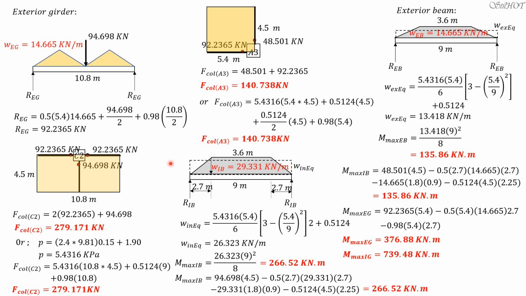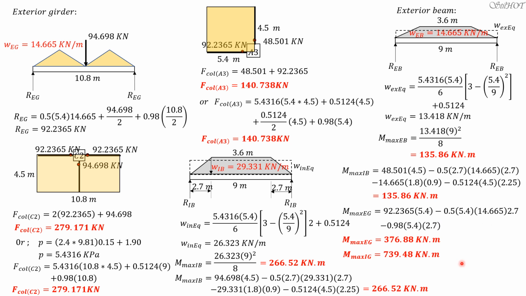And the maximum moment in the interior girder, which I just calculated, you can check in your free time. It's the same as this loading here, except the intensity of the loading, which is 29.331.